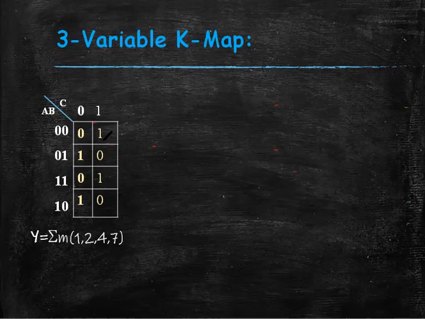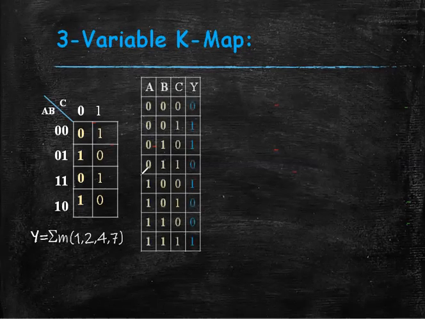Then the first position, the 2 position, 4 position, and 7 position. It is the K-map. And the truth table is, look at the position of 1 high, position of 2 high, position of 4 high, and position of 7 high.